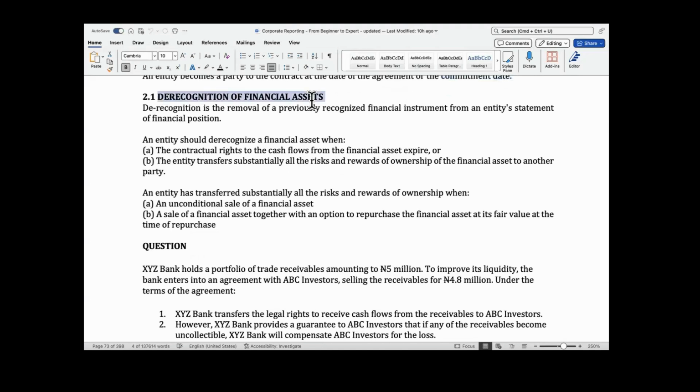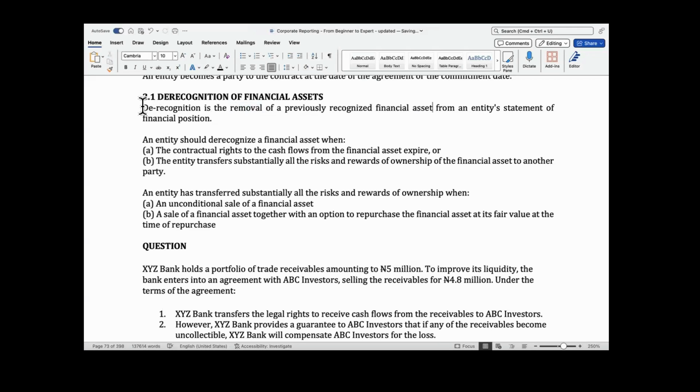The next one is the derecognition of a financial asset. When we say derecognition, we are talking about the removal of a previously recognized financial asset from an entity's statement of financial position.